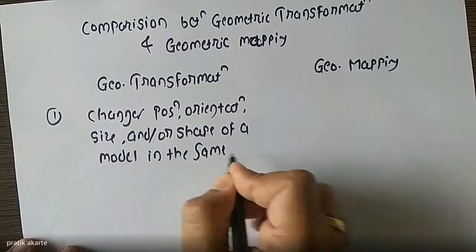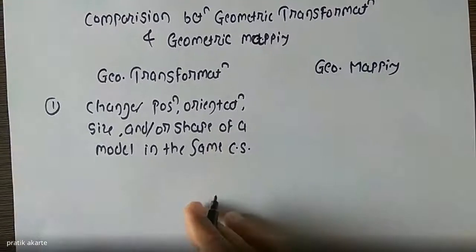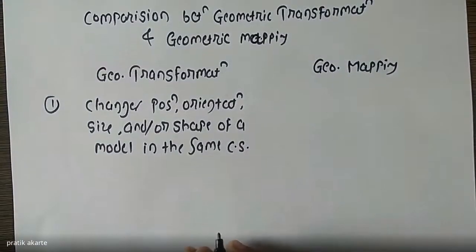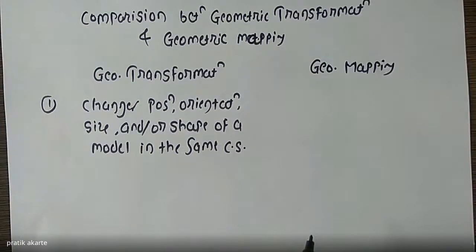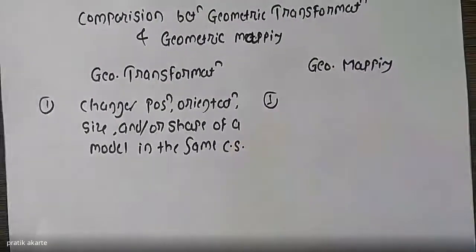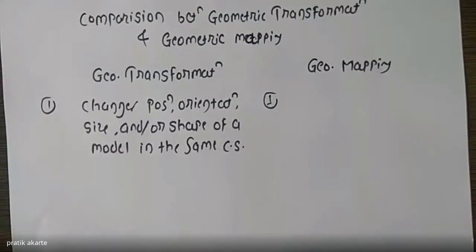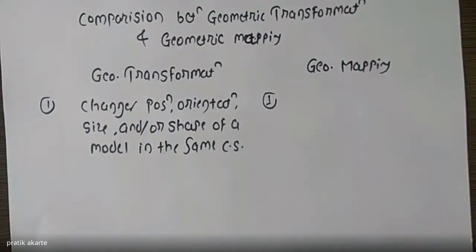This is very important to understand. We are not changing the coordinate system, we are just changing position, orientation, size, and shape. But in geometric mapping, we are changing the graphical description of the element, the model, from one coordinate system to another coordinate system without changing all these things.